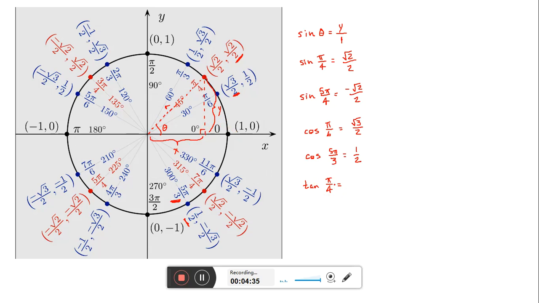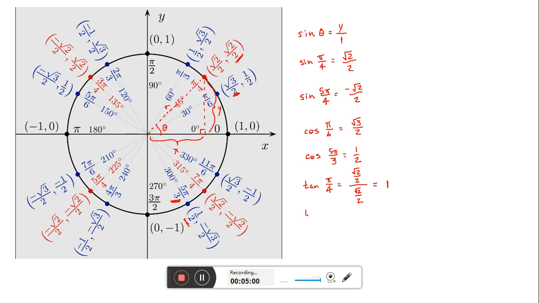The y value at pi over 4 is root 2 over 2, as we talked about in the very first example. The x value is, again, root 2 over 2. If I have a number divided by itself, of course, the answer has to be 1. So in some ways, tangent can be a much easier function to deal with.